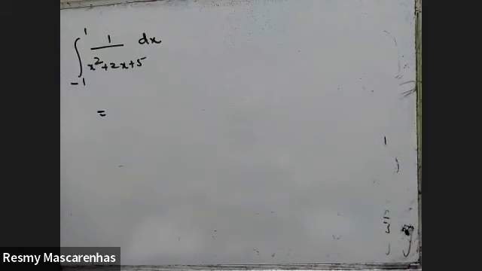Which method, what is to be done next? The quadratic equation in the denominator. How would you solve this problem? Yes, middle term square upon 4 times first term.